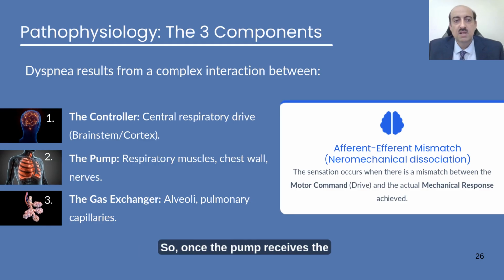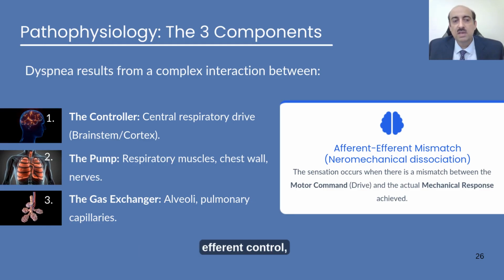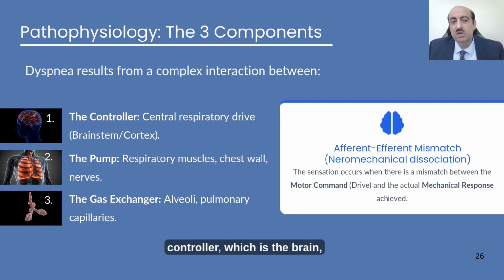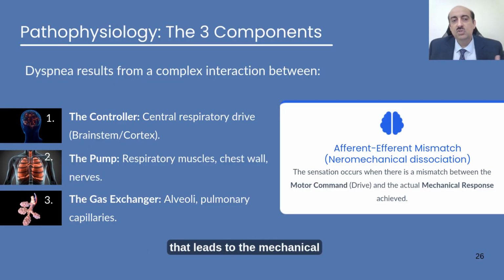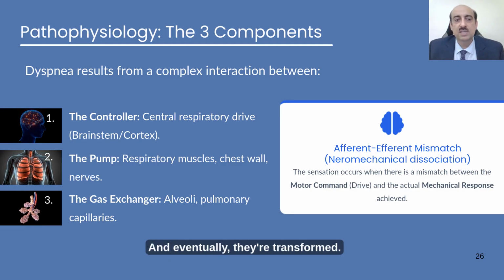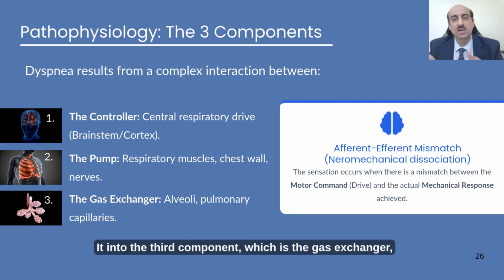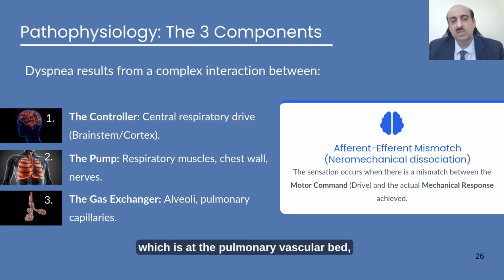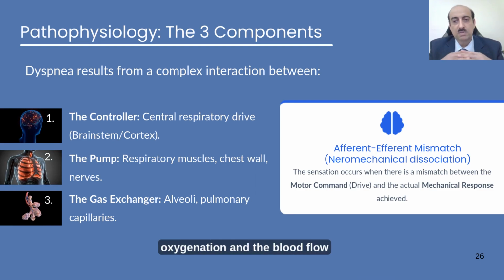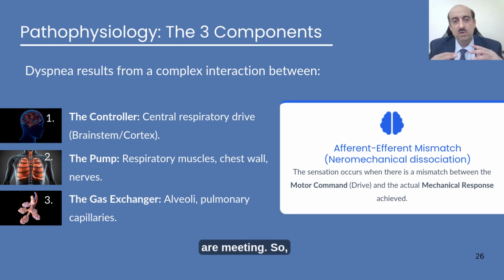Once the pump receives the efferent input from the controller, which is the brain, that leads to the mechanical response to those triggers, and eventually that translates into the third component, the gas exchanger, which is at the pulmonary vascular bed, where the oxygenation and the blood flow are meeting.